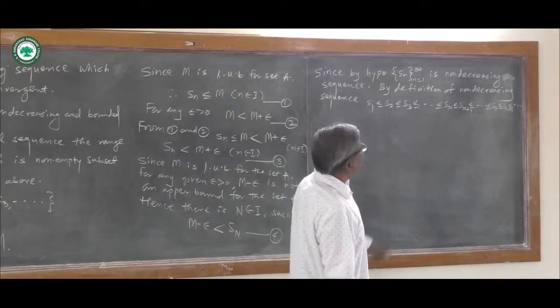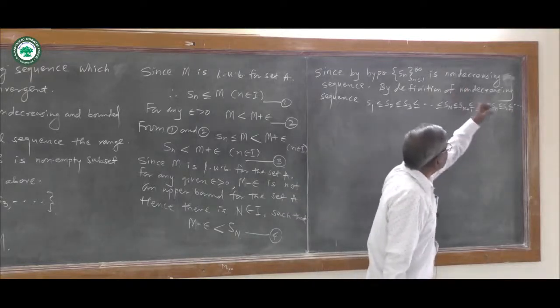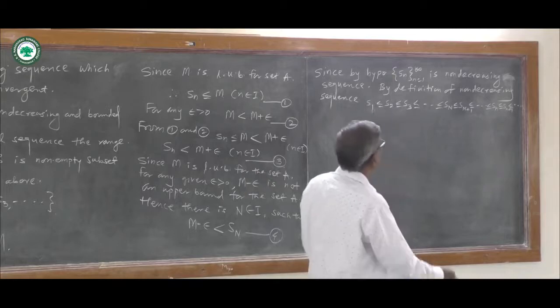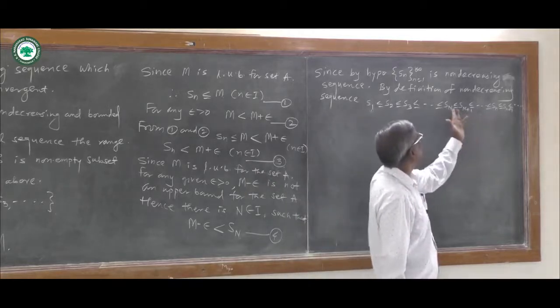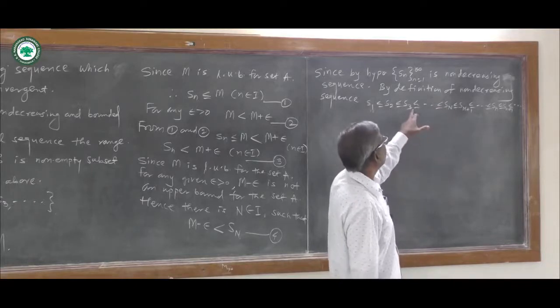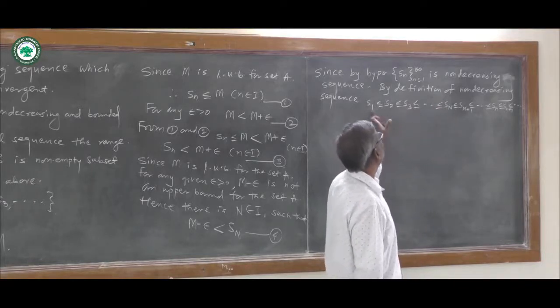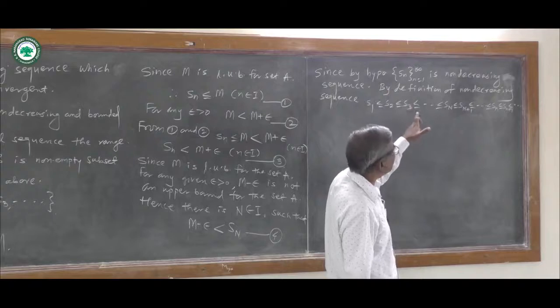That is, S suffix capital N is less than or equal to S suffix small n for all small n greater than capital N.